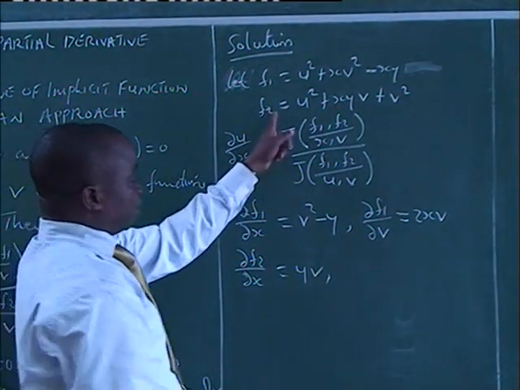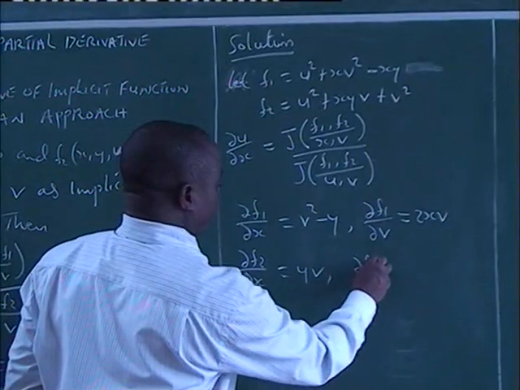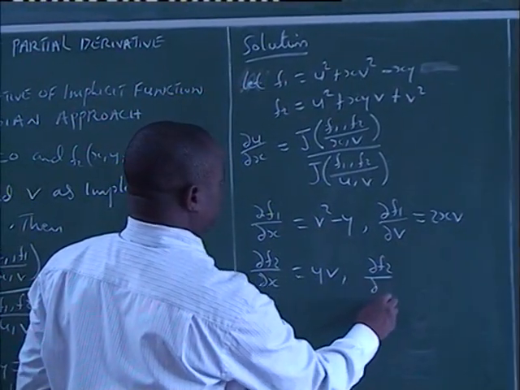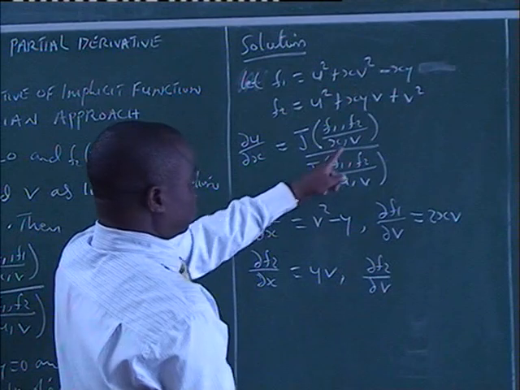We'll also look at partial f2 partial v.